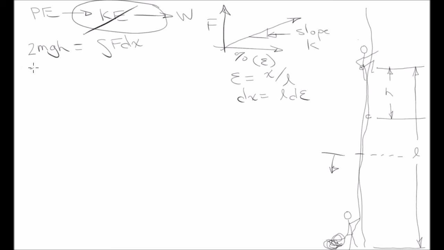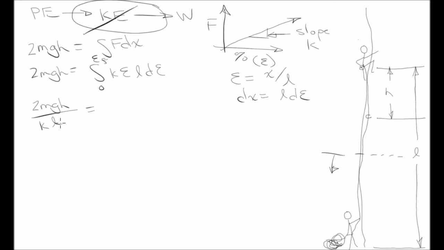And then coming back here, the integral, our F here, is actually Kε, and then dx becomes L dε. And this is going to go from a strain of 0 to our final strain, equal to 2mgh. Let's move the constants to the left-hand side, KL.